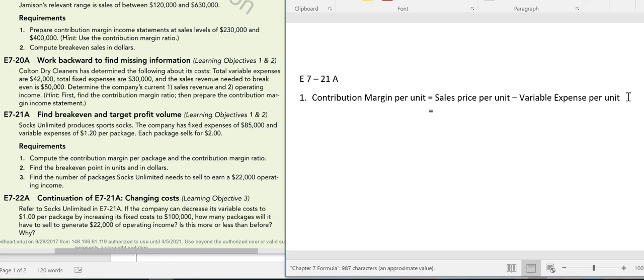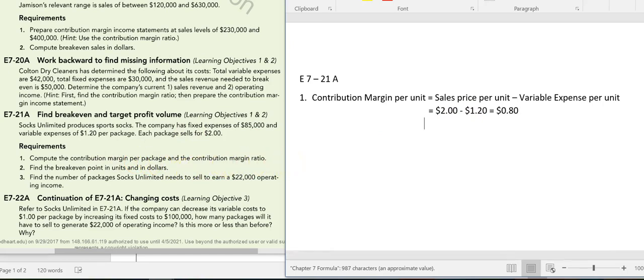Our sales price per unit is $2 and our variable expense per unit, which is given here, $1.20. So the contribution margin per unit is very simple. It's 80 cents.